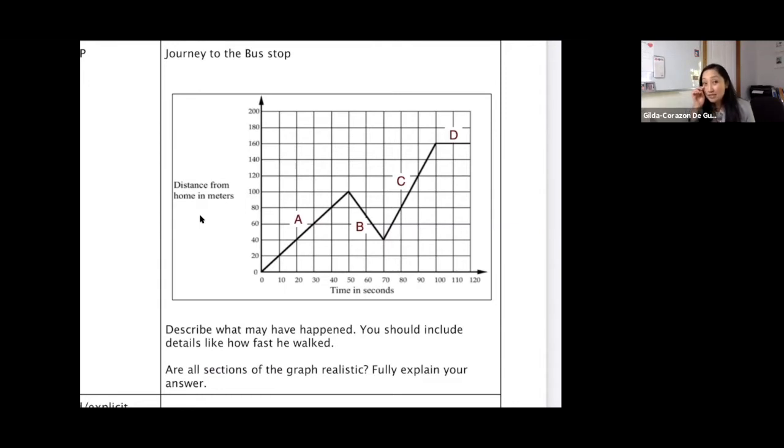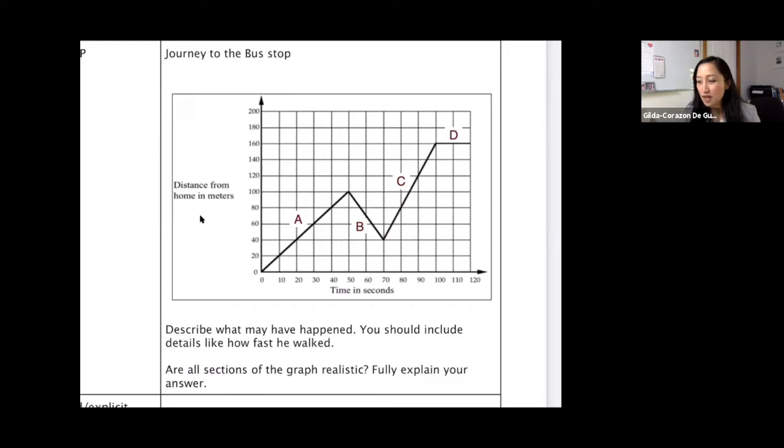And how long did it take him to travel that 100 meters? Is it 60? Is it 4? 50. Thanks, Raiden. So 50. So it's 100 meters for every 50 seconds, right? So that was his speed.